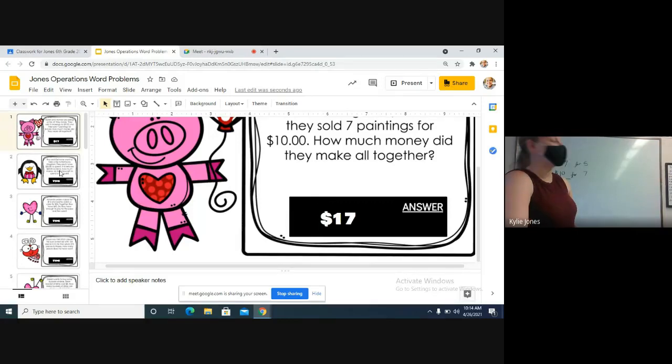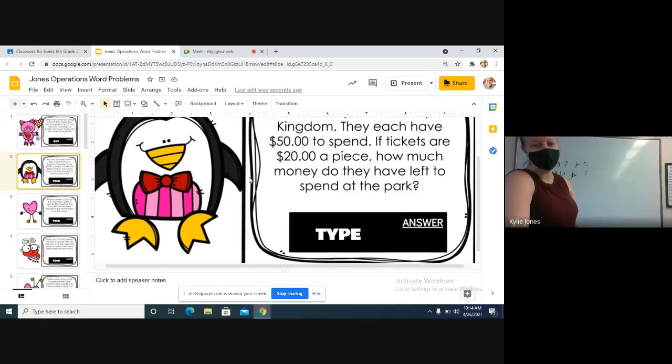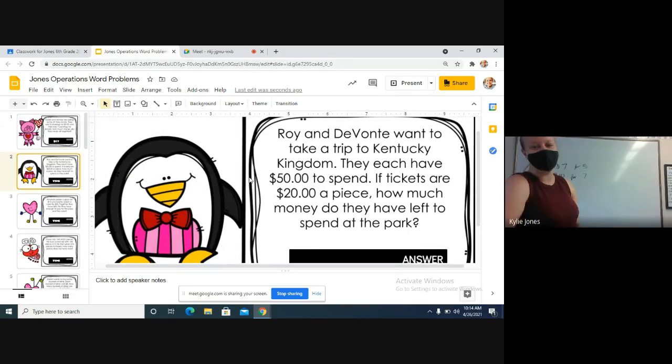So let's look at number 2 then. And let's read it a little bit more carefully this time. This one says, Roy and Devontae want to take a trip to Kentucky Kingdom. They each have $50 to spend. If tickets are $20 a piece, how much money do they have left to spend at the park? $30. So let's just take one person, right? Let's say Roy, he's got $50.